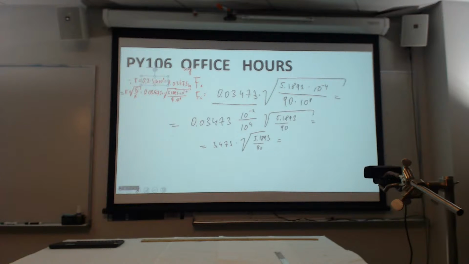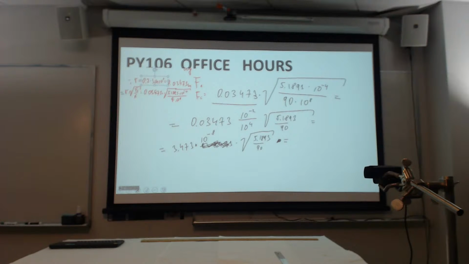Oh, sorry. That's a silly mistake. This is wrong, of course. So that should be equal to 3.473 times 10 to the negative 2, negative 4, that's negative 6, and 2 more, negative 8. That's correct. And this is the square root. So that's exactly what I had, 2.9.